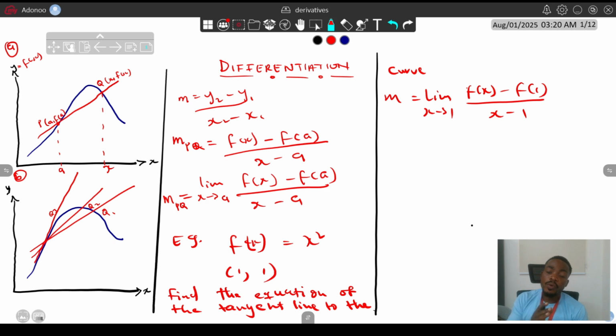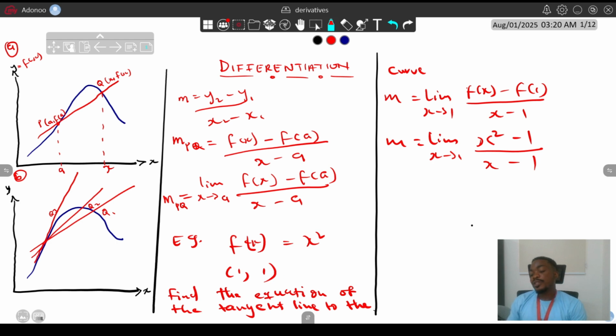But we know what f of x is, right? So we say that m is equal to the limit as x approaches 1. f of x is x squared minus 1, because f of 1 is 1. Obviously, from the point, if x is 1, then f of x is 1. So we have x minus 1.